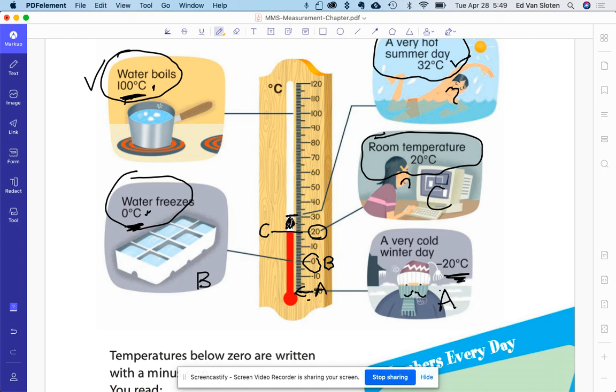It would fill in, and that would not be black, it would be red. Let's call that D, and D is up here. And if you went all the way to the very top, right up here, that's your boiling water. So let's call that E, and E goes there.